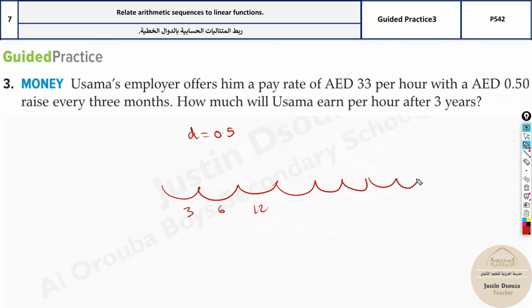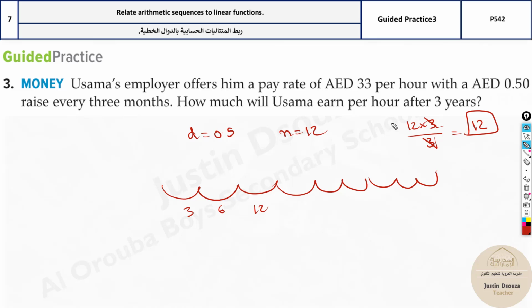You can count it like this, or it's very simple. How many months are there in 3 years? 12 times 3, divided by 3, you will get the answer. So cancel it off, and you will have n as 12. So you have 12 periods of 3 months in 3 years. That means there will be 12 increases in the salary for Usama.